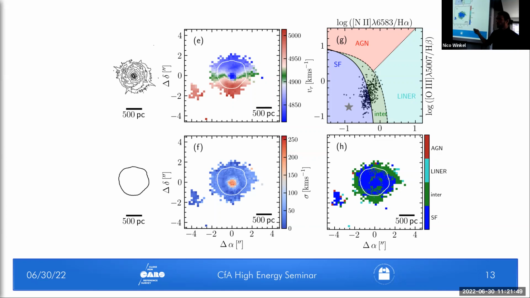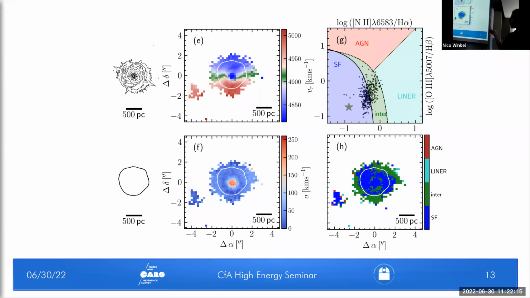And all the data points fall into that part of the BPT where the flux ratios are consistent with ionization by star formation, not AGN ionization. And remember, we are probing spatial scales that are very close to the nucleus. We're resolving about 30 parsecs from the nucleus, and yet everything that we see is star formation ionized.